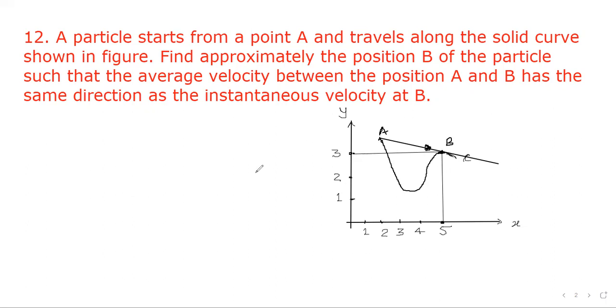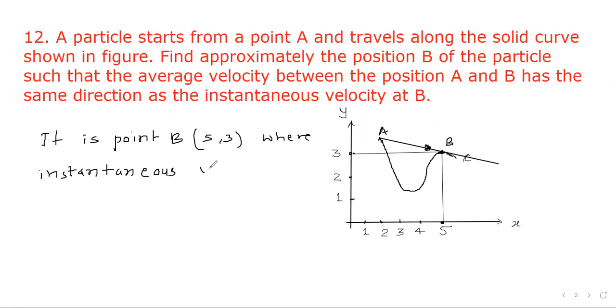So we can say it is point B (5, 3), where instantaneous velocity equals average velocity, because the direction of average velocity will be this.